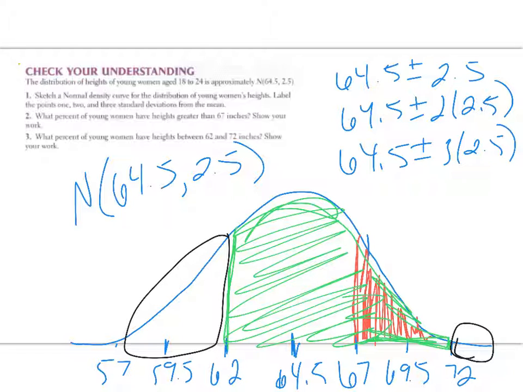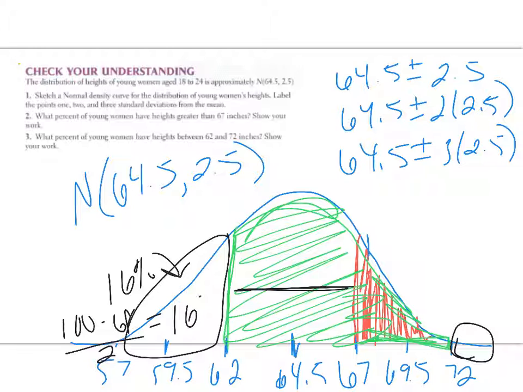So we learned before that one of these little tails right here was 16%. Remember, we got this from our 100 minus 68, right? This 68 right here, but I only want one tail, so I divide it by 2, right? And I get my 16%.